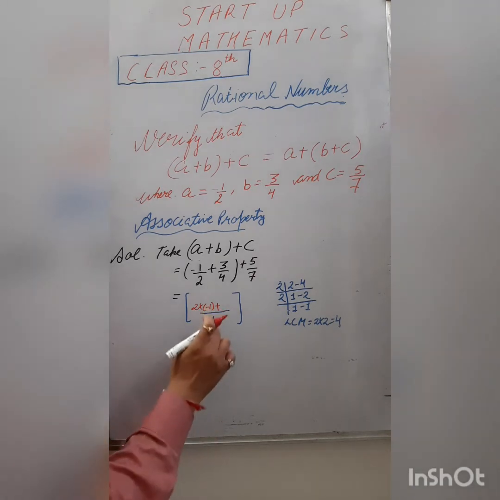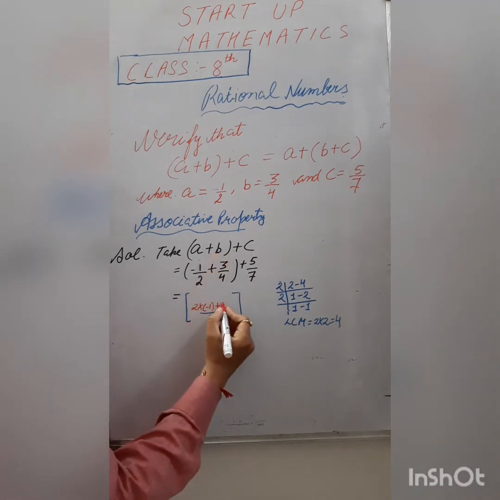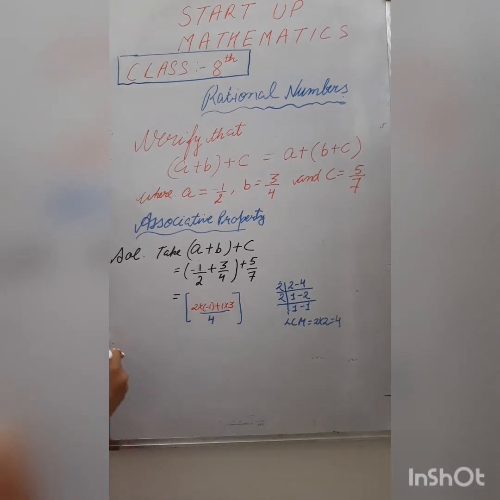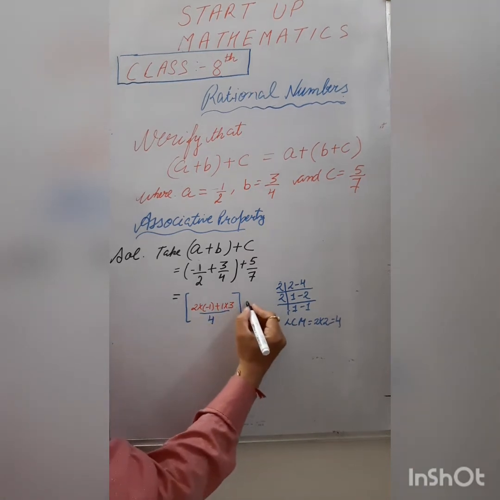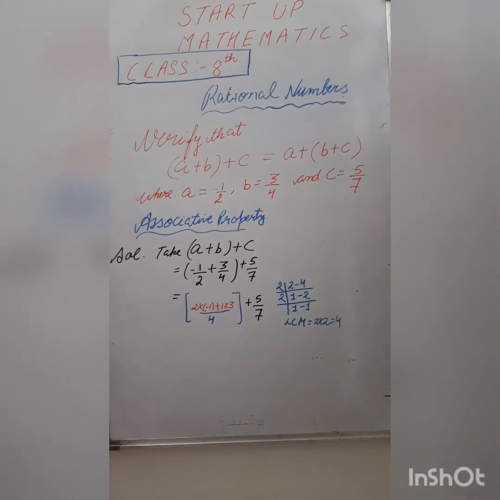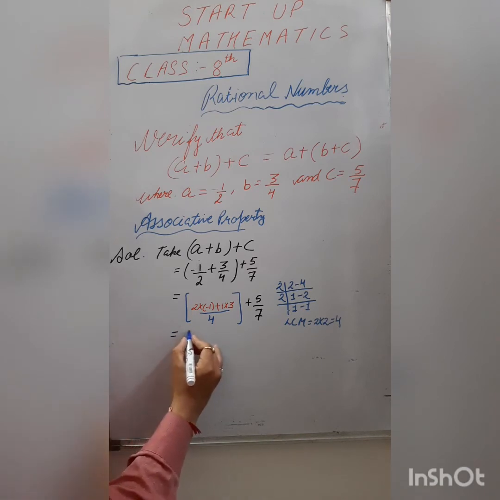The quotient is 1, which is to be multiplied by 3. 1 multiply 3, and this term 5 by 7 as it is. Now first we solve the square bracket. What is the answer of this bracket?